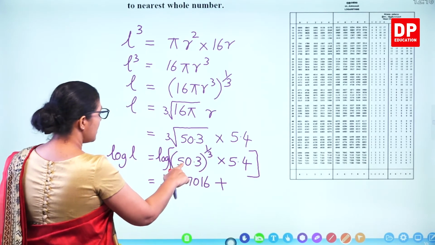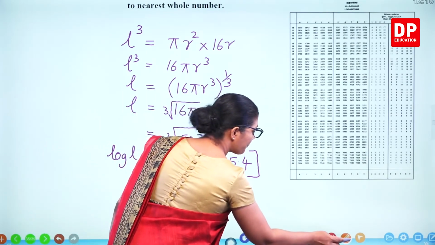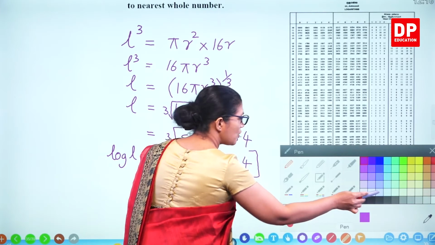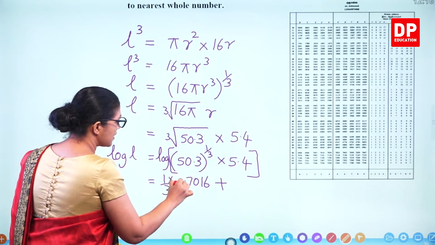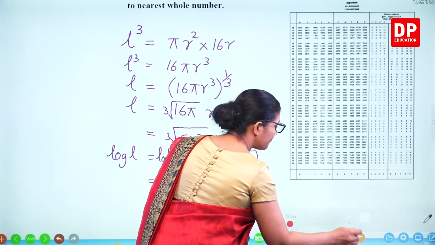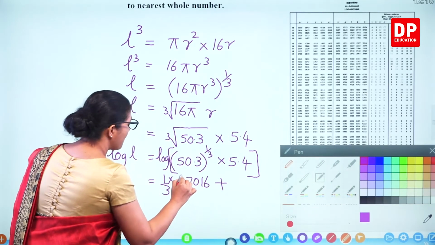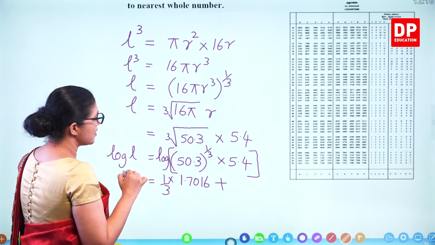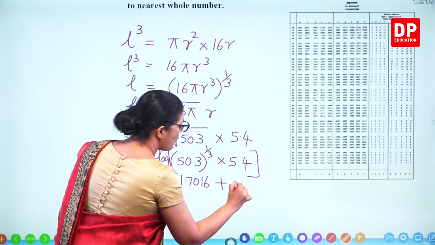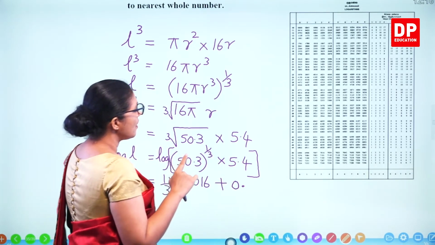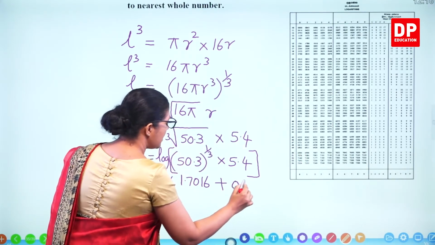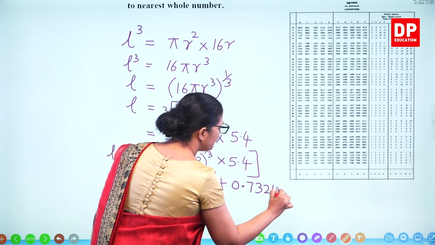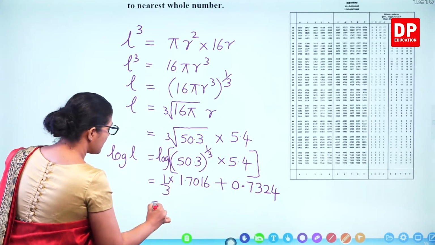So here I made a mistake there. Can you see that? This is 50.3, so this is 1.7016. 5.4 means 0.7324. Now we'll divide this by 3.